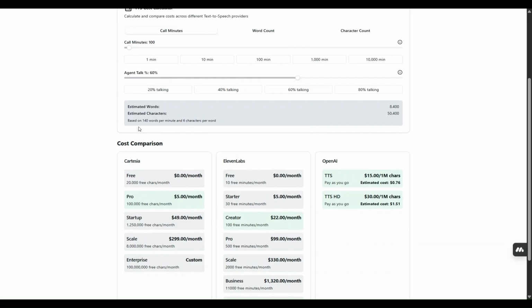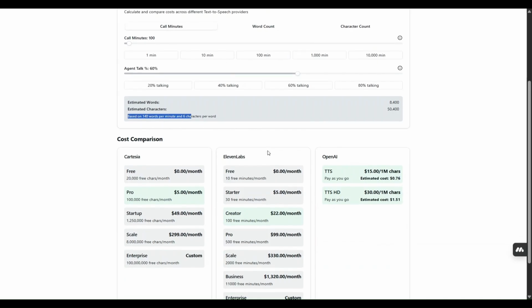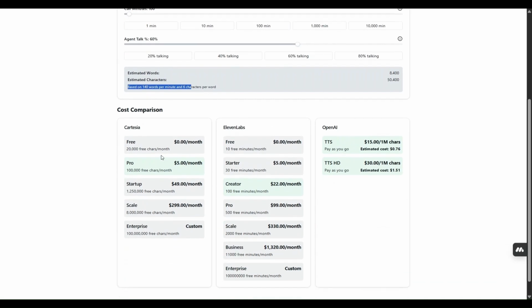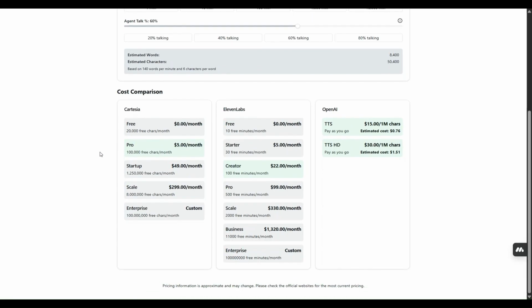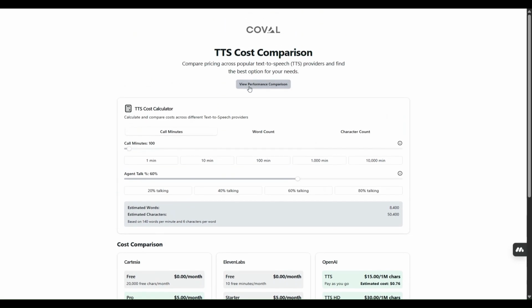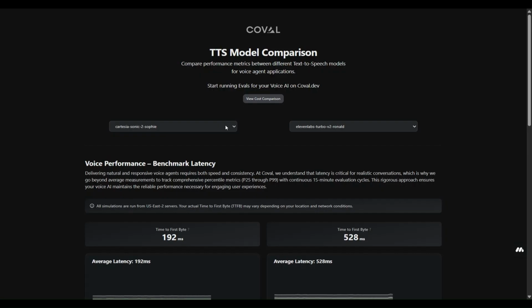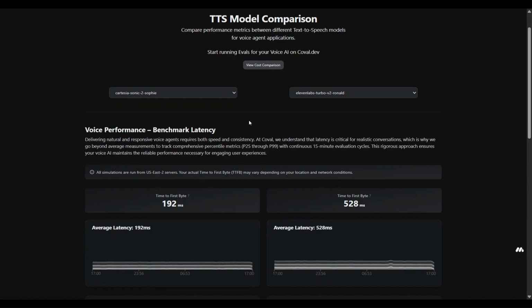But at enterprise level, it's not about the free minutes. It's all about how it's going to perform, what the error rate is, and what its cost will be at scale. That's more important.